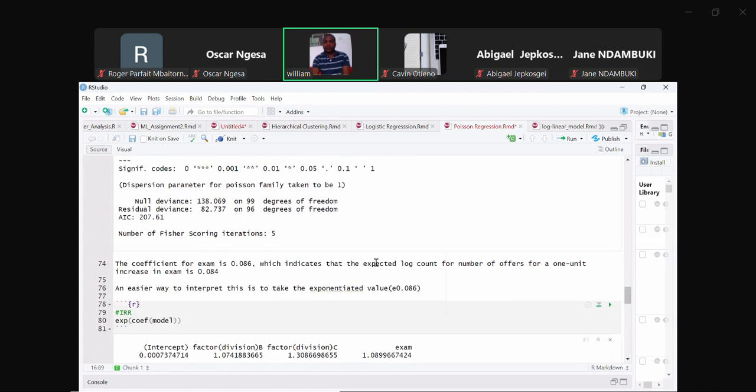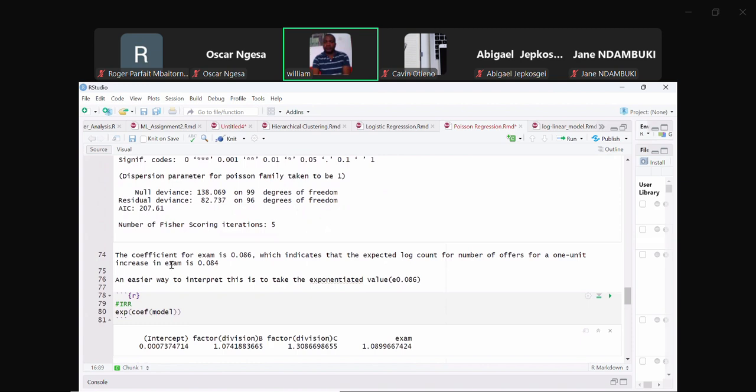Now, here's the issue. The coefficient of exam is 0.086, which indicates the expected log count for the number of offers for a 1 unit increase in exam.